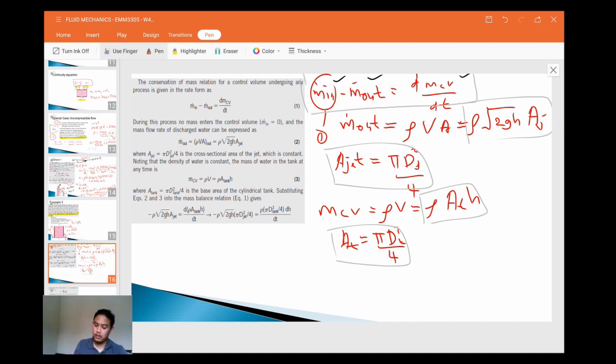what you will get is negative, because M dot in is 0, so there is a negative here.